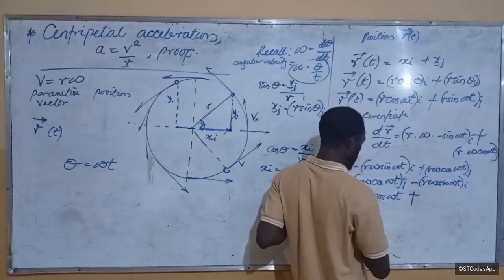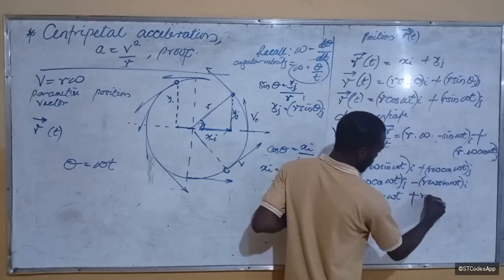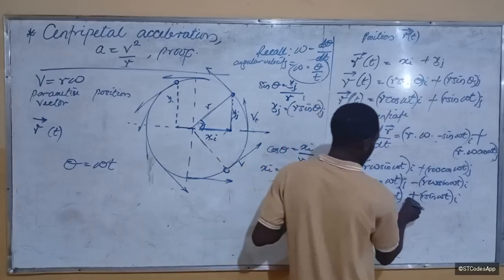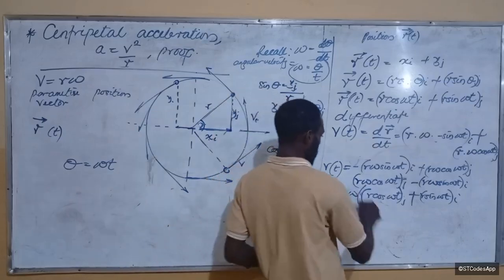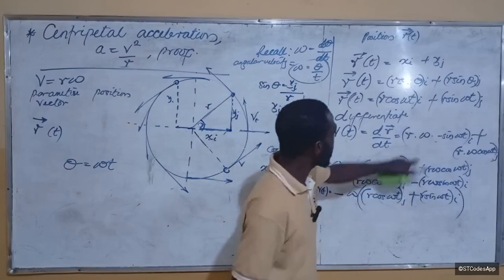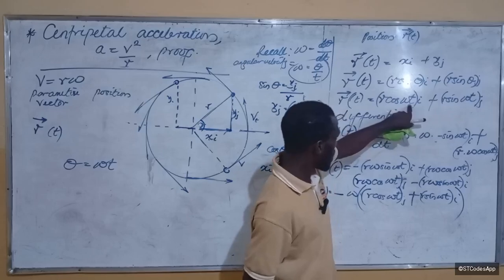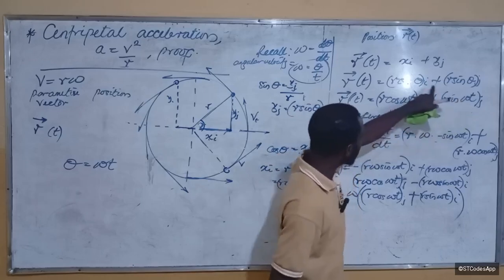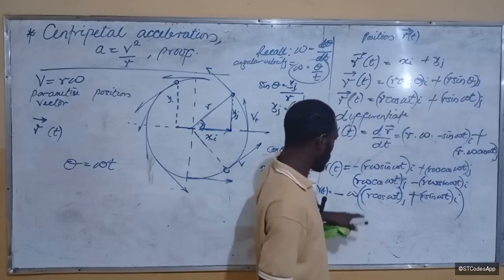Then we have factored out r omega, so we have r sine omega t i. Now, if you look at this very well, r cos omega t j, r sine omega t i, and r cos omega t j. I think I've messed it up.